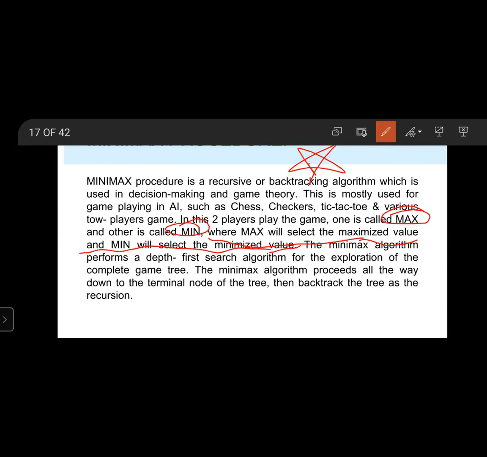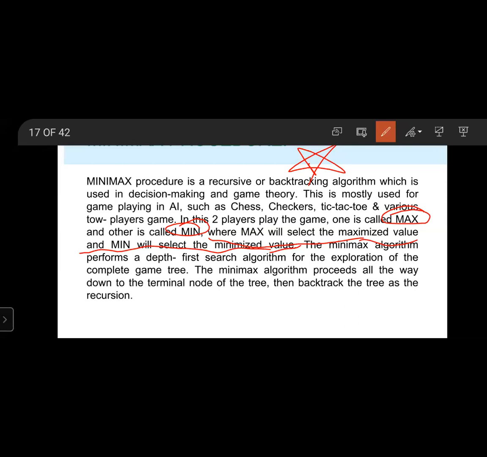Max will select the maximized value and min will select the minimized value. Here, the minimax algorithm performs a depth first search algorithm for the exploration of the complete game tree.